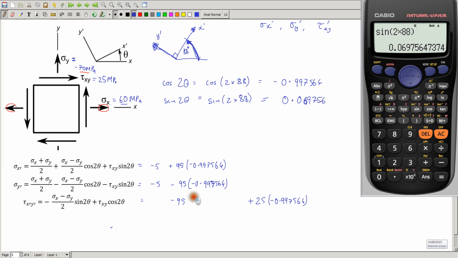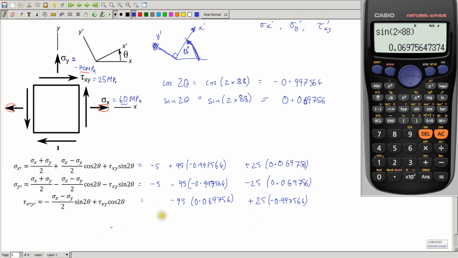Okay, so that goes here. Alrighty-o. And here we've got a plus 25 and a minus 25. And here we have the 0.069756. And here we have the 0.069756.